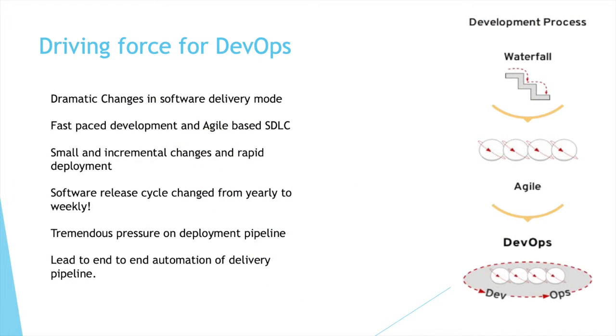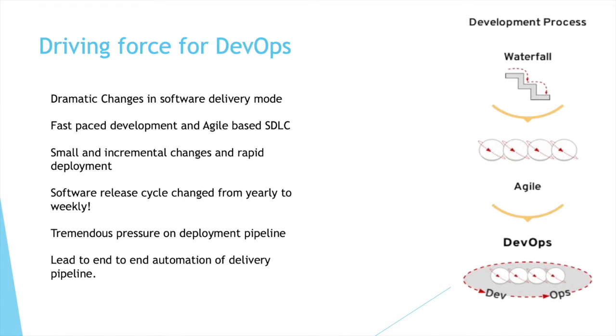What it is doing is putting a lot of pressure on the delivery pipeline. Back in the days, you used to have only one or two deployments in a year. In that time, you would hire testers, system admins, deployment and configuration management engineers, and they would work all through to get the software delivered out of the shop.